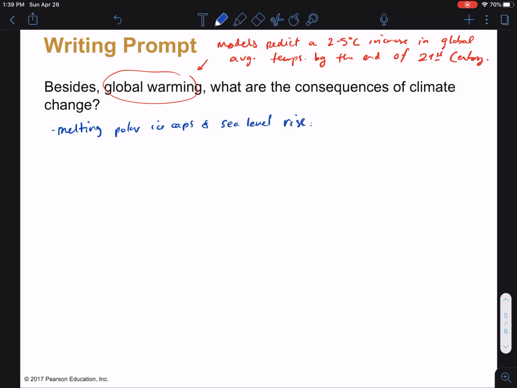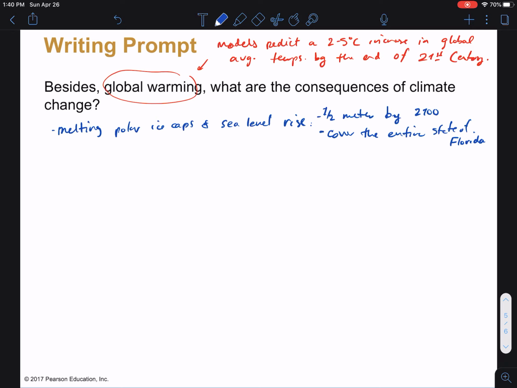So there may be a 0.5 meter rise by 2100. That would be pretty catastrophic. That would cover pretty much the entire state of Florida and other low-lying places. So this would be especially catastrophic for low-lying areas.